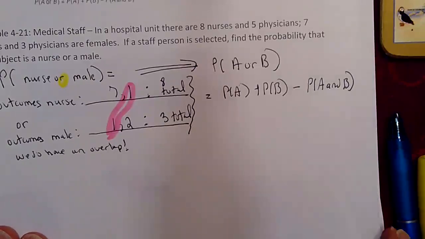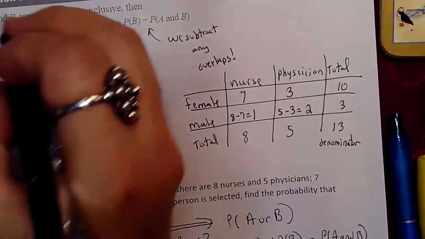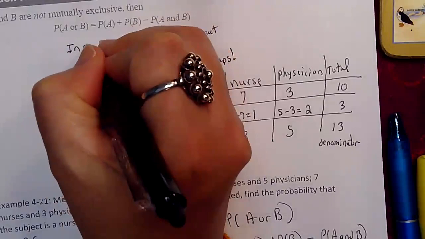So let me write that over here. This is an example of the inclusive OR.